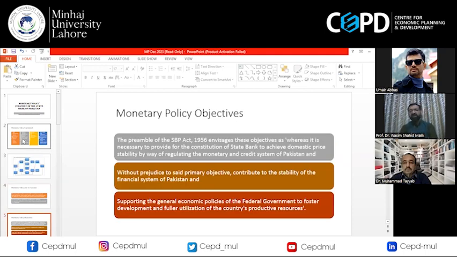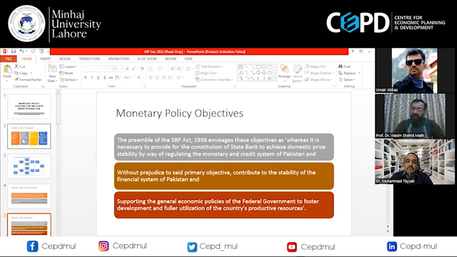Now, coming to the monetary policy framework of Pakistan. First of all, what is the monetary policy objective in Pakistan? For that, we must consult the State Bank of Pakistan Act 1956, which was amended in 2021-22. So according to that amended Act, the objective of monetary policy is basically domestic price stability.